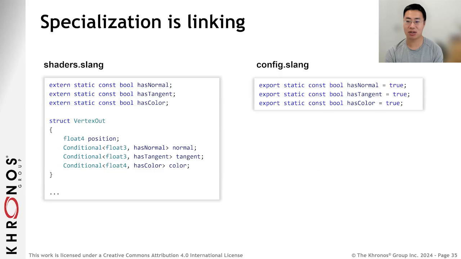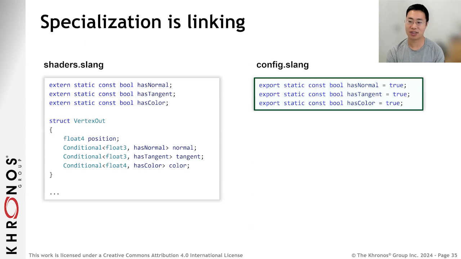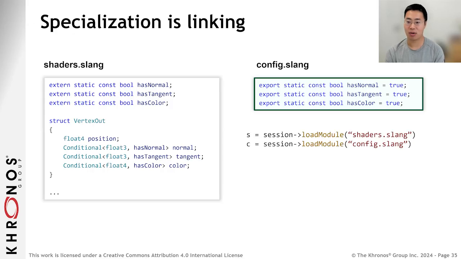And you can then specialize this precompiled module by linking it with a separate module that defines the values for these constants. So here, I create a separate module called config that defines the values of these constants with export static const declarations. To specialize the shaders.slang module, we will first load it into a session, and we will also load the config.slang into the session. And after that, we link the two modules together as a single program using that create composite component type API call.